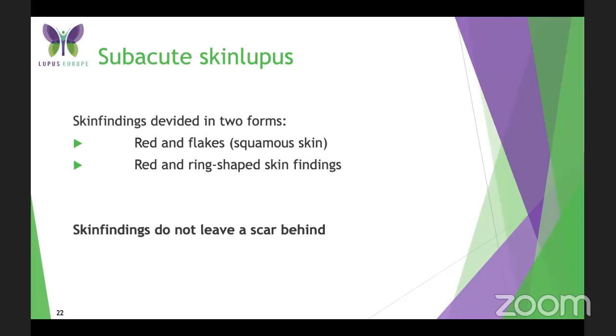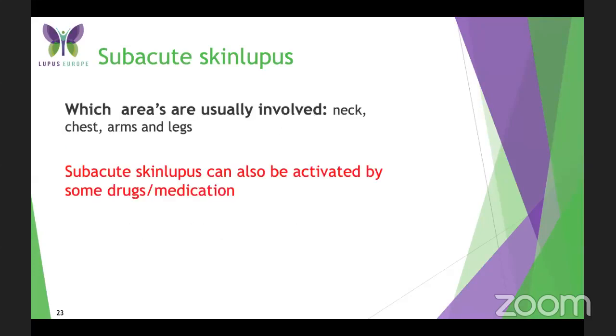Form one is patients who develop red skin findings and flakes on the skin. And the second form is people who develop red and ring-shaped skin findings. Another important characteristic of the subacute form is that patients do not develop scars after the disease entered their skin. Next slide, please, and I'll show you some pictures in the next slide.